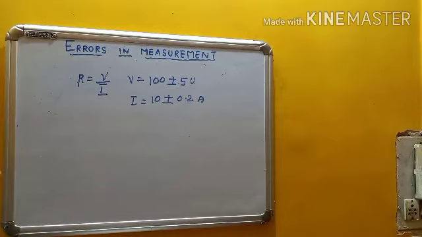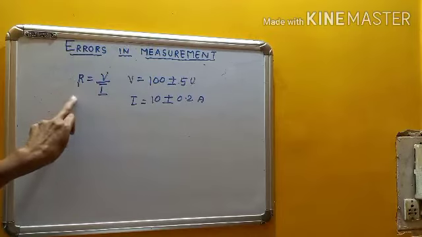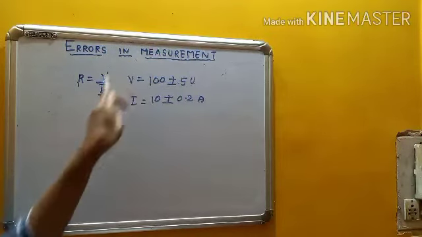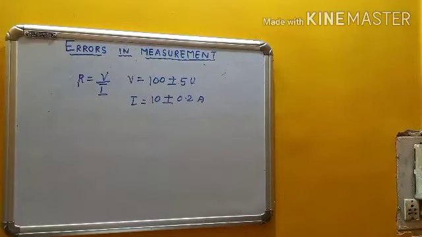Then to find the absolute error, we would follow the procedure of the previous question, that is delta R by R is equal to delta V by V plus delta I by I. Then we would substitute and calculate delta R. But in this question, we only have to calculate the percentage error, so directly you can use the formula. We are not supposed to express the resistance in terms of error limits.